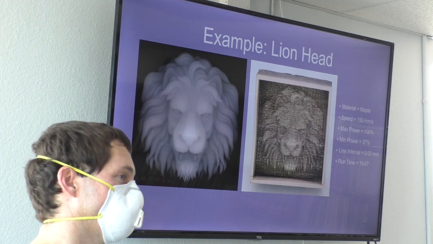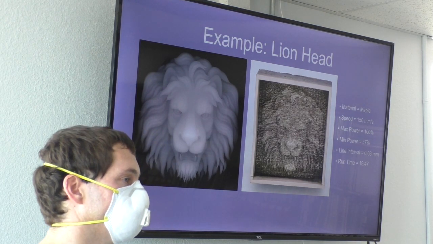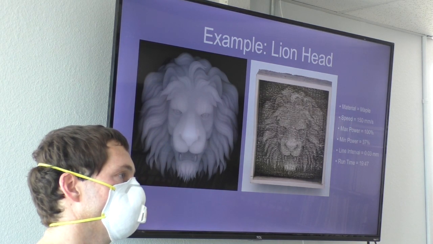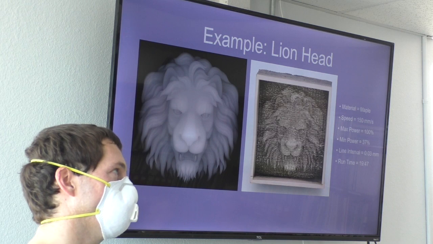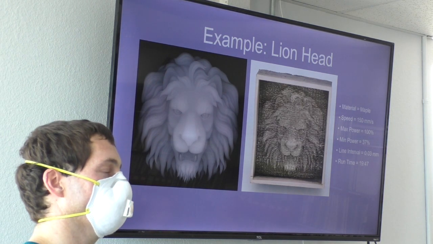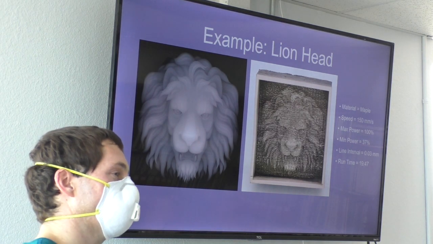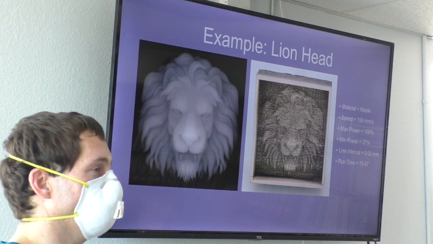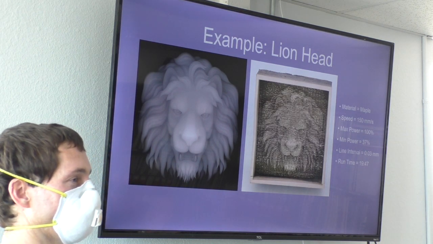So if the darkest part is not exactly black, you could theoretically scale the pixels while scaling the X and Y. That's true, but if you don't have total black as your darkest part, then your overall depth is going to be lower to start out. What I found with the maple is you can get like 5.6 millimeters deep with the settings I was using.